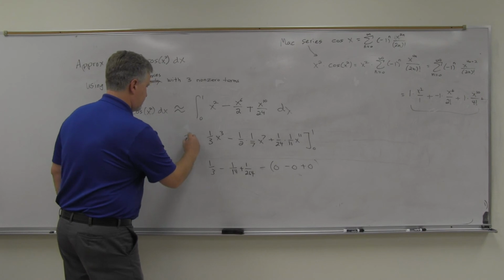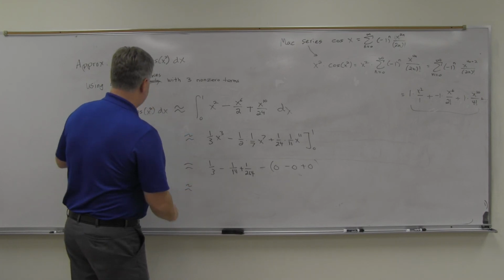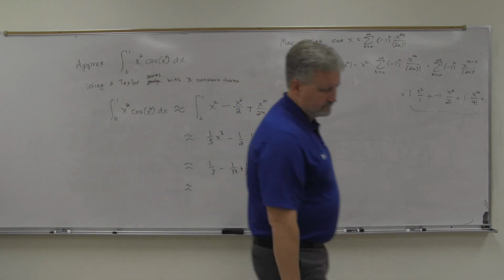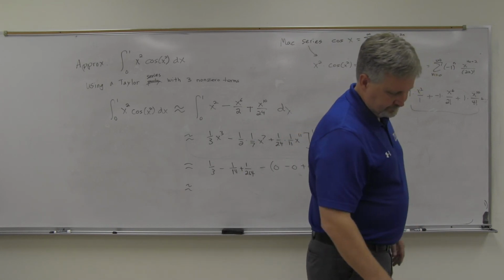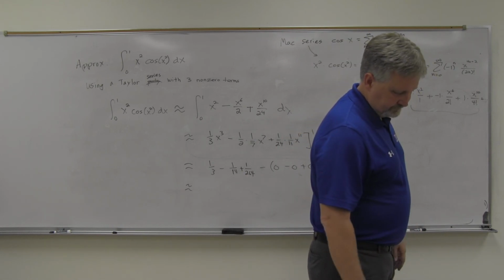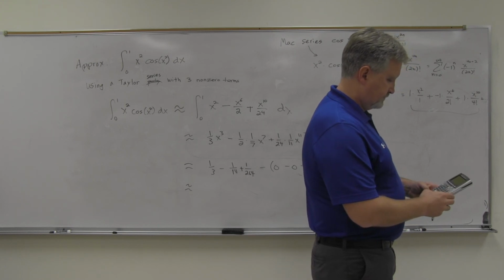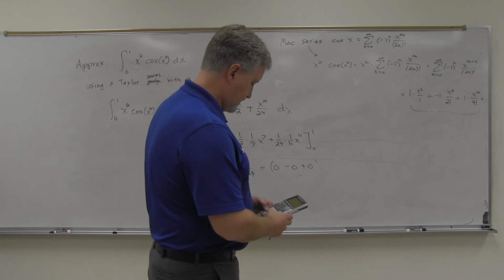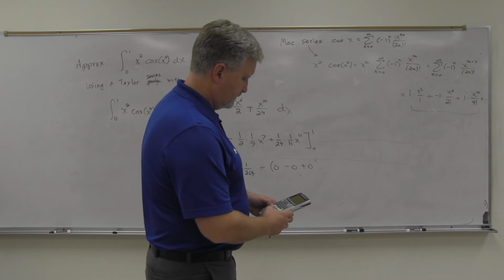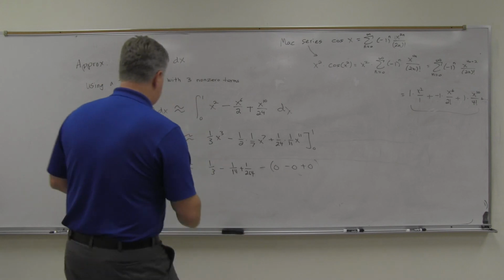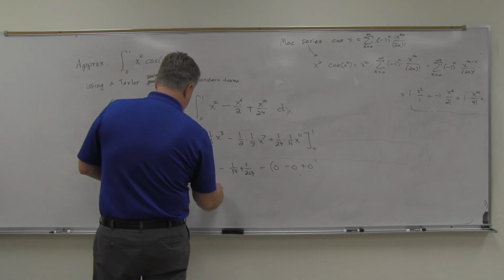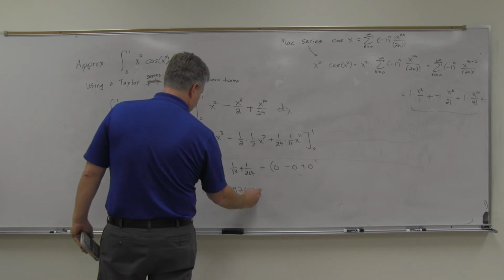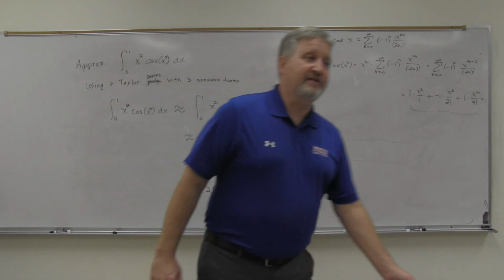So approximately this integral is whatever that is. One third minus 1/14 plus 1/264, approximately 0.2656926 blah blah blah.